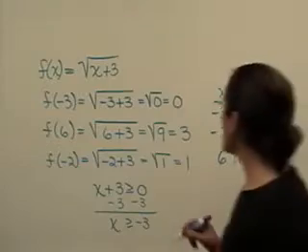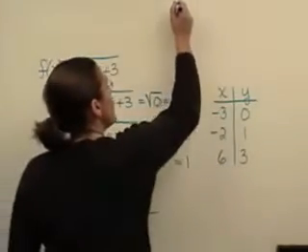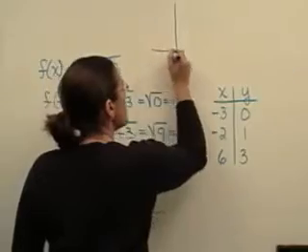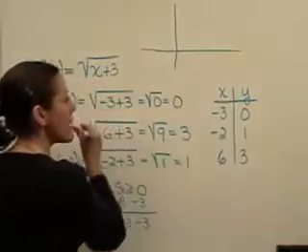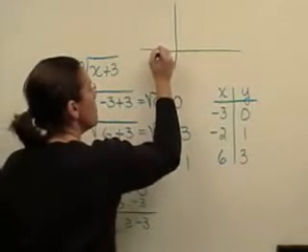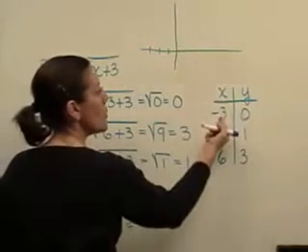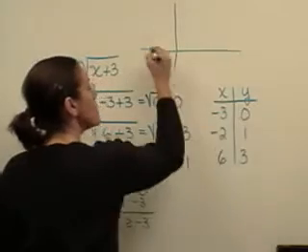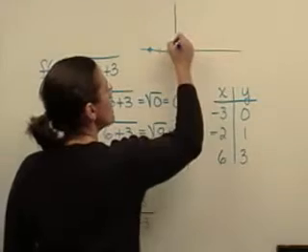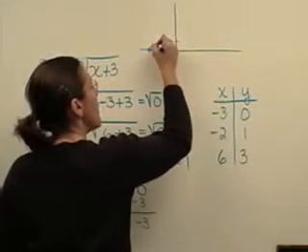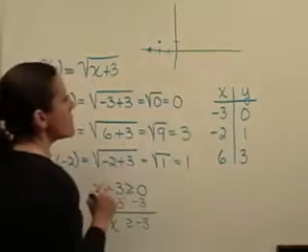What I'd like to do is a quick sketch of the graph of this expression. And it happens that everything stays above the x-axis. I have my first ordered pair right here where x is negative 3 and y is 0. And then my next ordered pair is x is negative 2 and y is 1. That ordered pair, as I get ready to graph this, is right here.